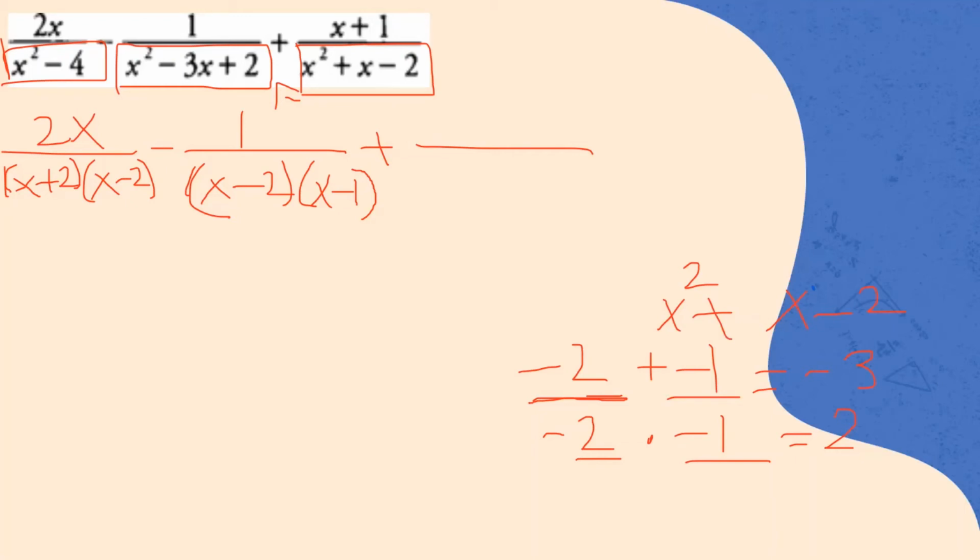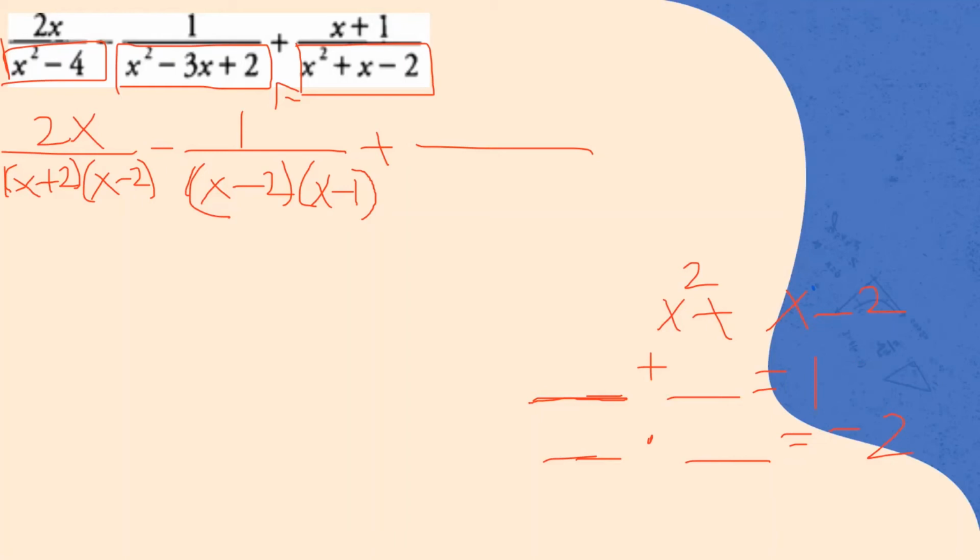So now we should be asking ourselves, what are the two numbers that will add to +1, and if I multiply those same two numbers, I should get -2? -1 and +2.